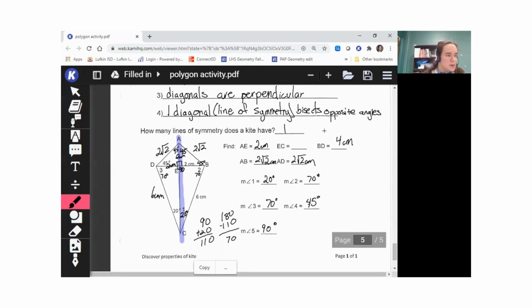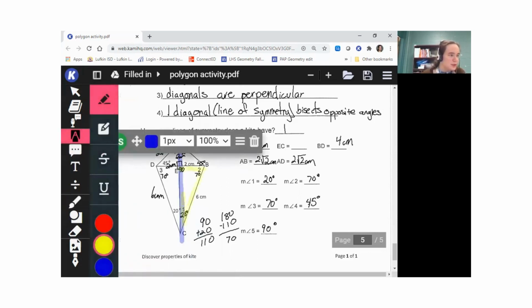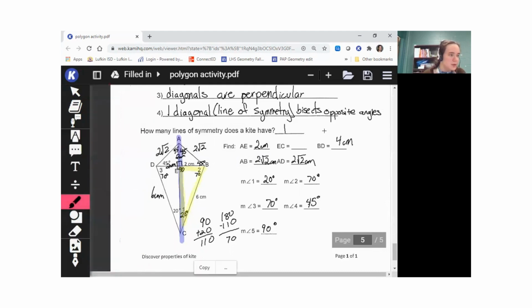And then we're looking for EC. So EC is this length, and it is part of a triangle here. Again, it's a right triangle, and we know 2 of those sides. So we can use Pythagorean theorem. So we've got 2 squared plus x squared equaling 6 squared. So 4 plus x squared equals 36. Subtract 4 from both sides.